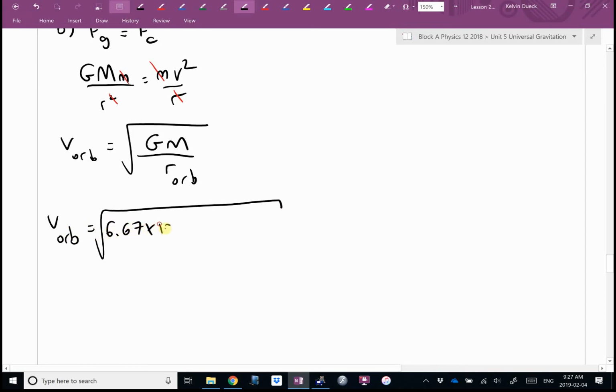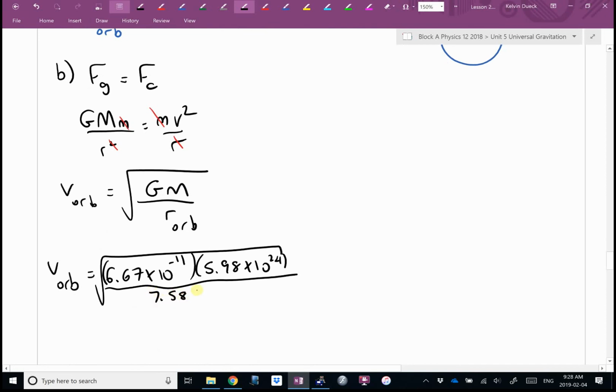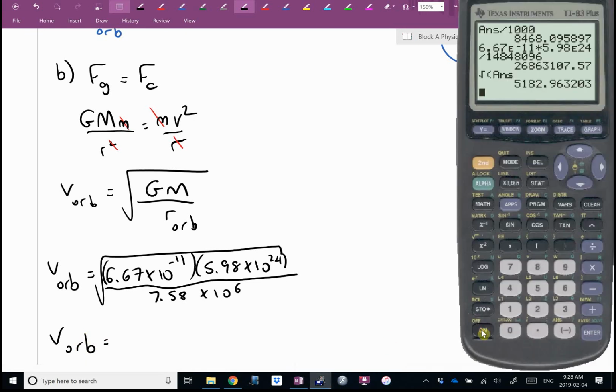6.67 times 10 to the negative 11, 5.98 times 10 to the 24th, all divided by 7.58 times 10 to the 6th. Little tricks of the trade: how many of you are able to bring back previous lines, like 5 or 6 previous lines, not just one?